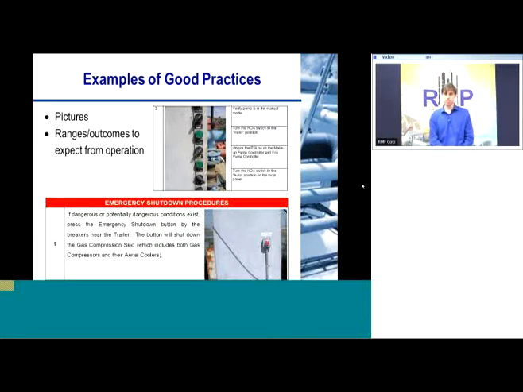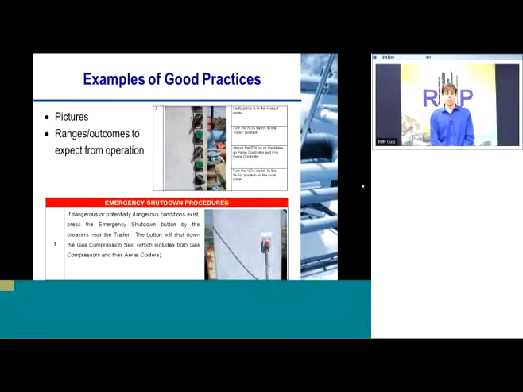In addition, ranges of outcomes to expect from operation. I know in some instances, there's not necessarily a clear failure or success criteria to determine if the procedure failed or succeeded. So in this emergency shutdown procedure, again, it has a picture of the ESD switch in case anyone at the facility was unfamiliar with it.